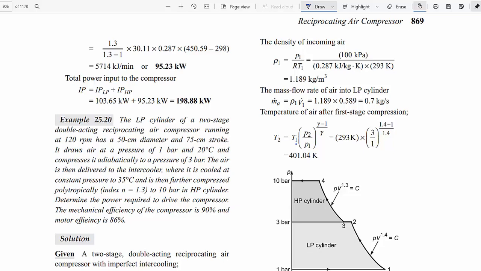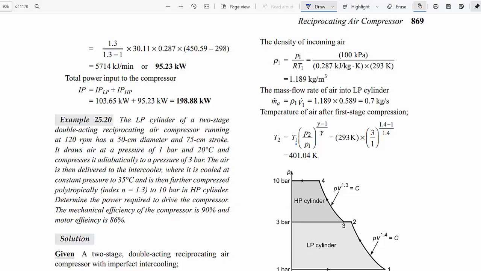It draws air at a pressure of 1 bar and 20 degrees Celsius and compresses it adiabatically to a pressure of 3 bar. The air is then delivered to the intercooler where it is cooled at constant pressure to 35 degrees Celsius and is then further compressed polytropically, with index 1.3, to 10 bar in the HP cylinder.